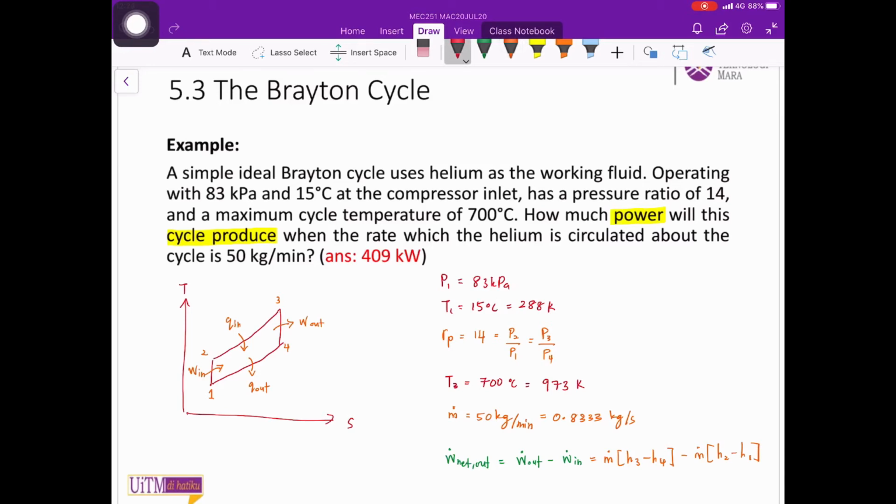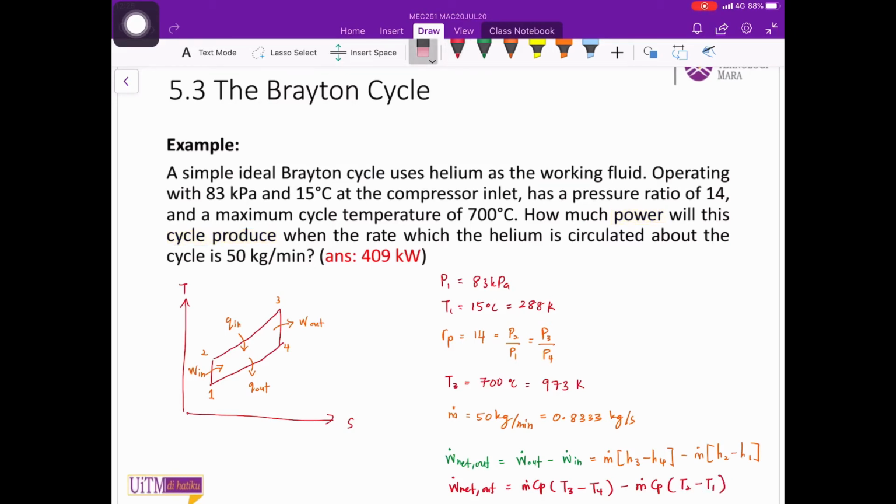Since the working fluid used is helium, which is a type of gas, the power net out will now become m dot Cp (T3 minus T4) minus m dot Cp (T2 minus T1).